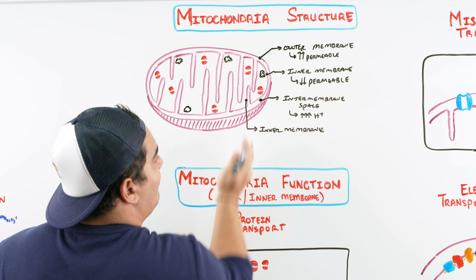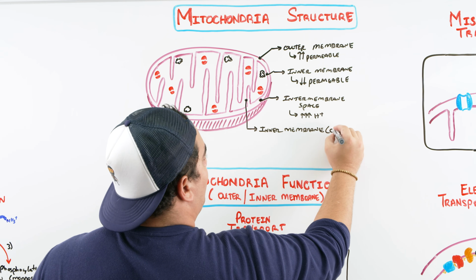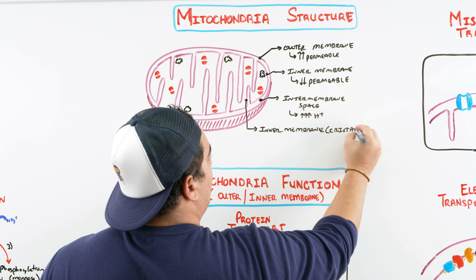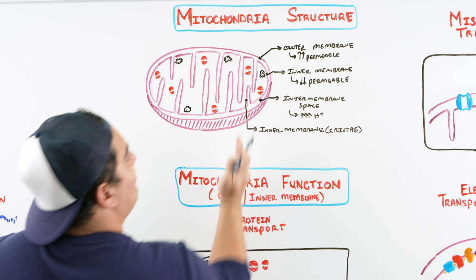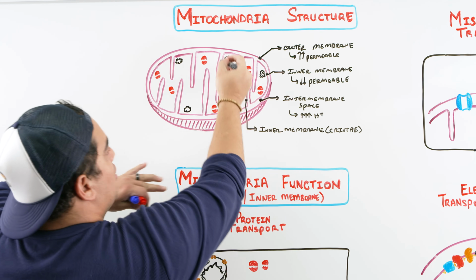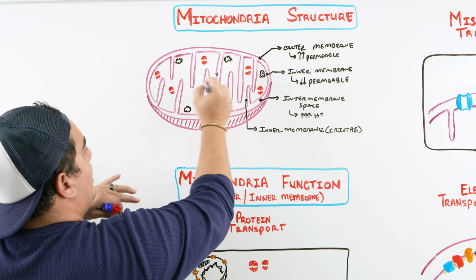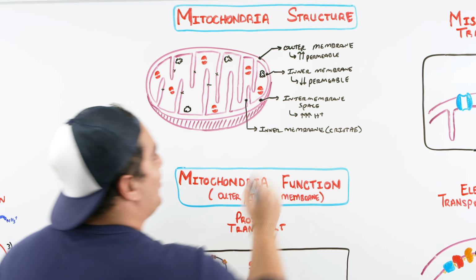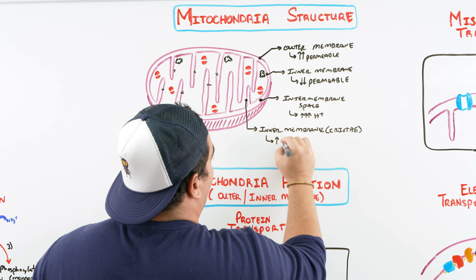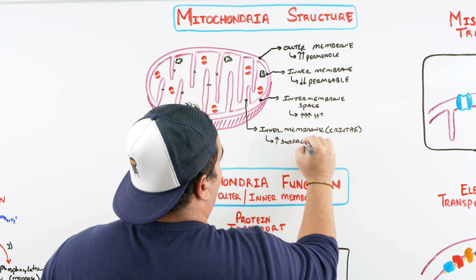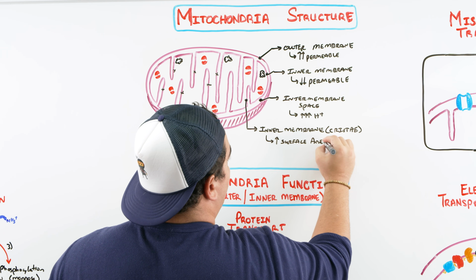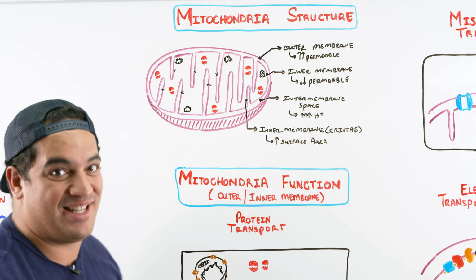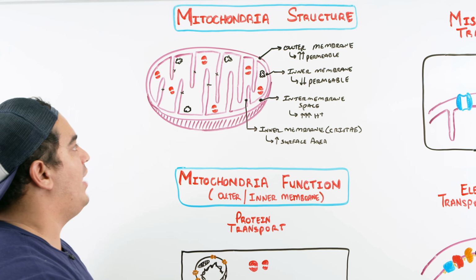This kind of invagination is actually called the cristae. So it's a continuation of the inner membrane, but invaginates into the center. Here's a cristae, here's a cristae, here's a cristae, okay? The whole purpose of these is to increase the surface area for a lot of specific types of metabolic reactions that we'll talk about a little bit later, okay?